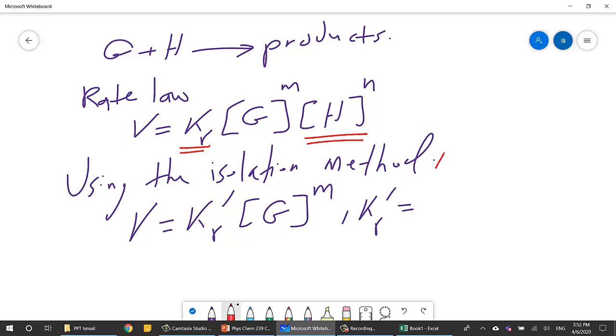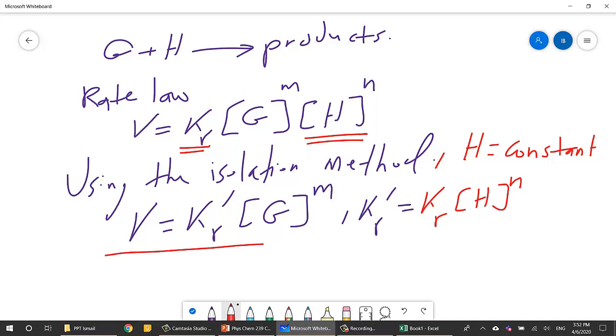So using the isolation method, I'm keeping H constant, which is, if you look at the table for the data points for A, the enzyme H is constant. Therefore Kr prime in this case will equal the old Kr, the original one, multiplied by H power N. Then here I have an equation.